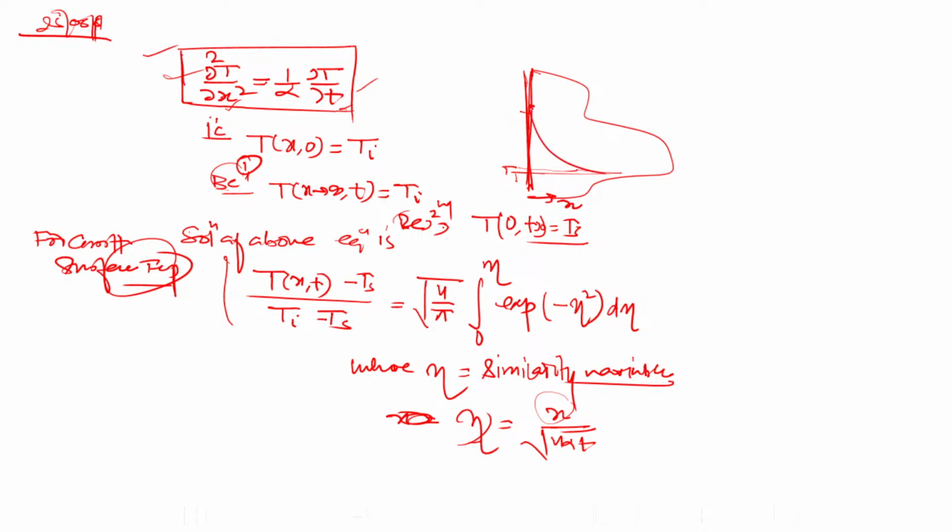The surface temperature is common here, it's Ts, but as time t progresses, the profile is going to change like this, for times T1, T2, T3. As time increases, the profile changes. The temperature is a function of time as well as space x, but as x tends to infinity, temperature is Ti, the initial temperature. Clear?